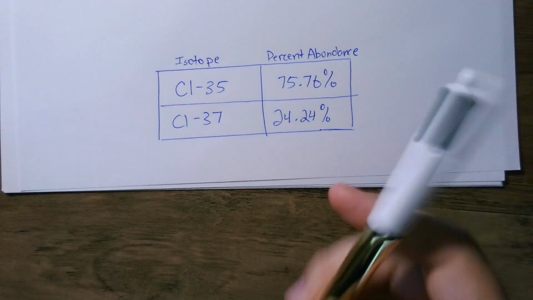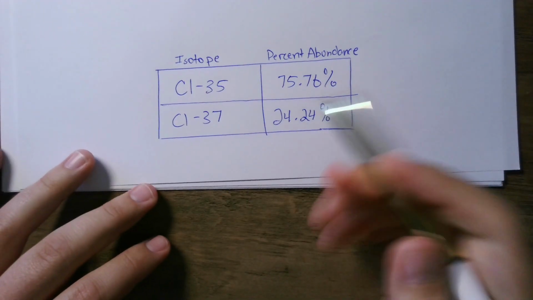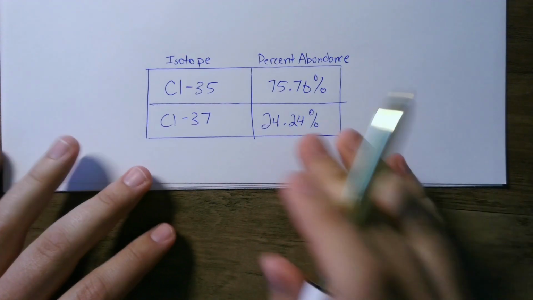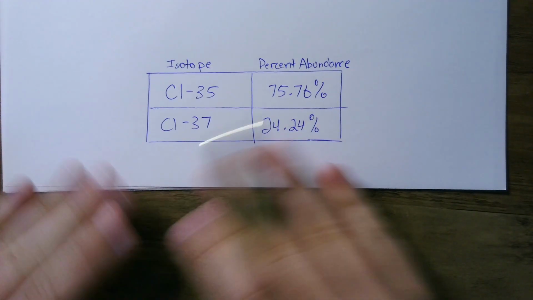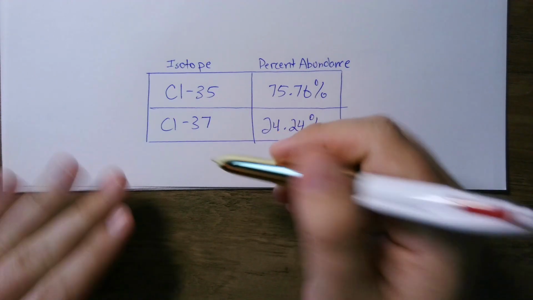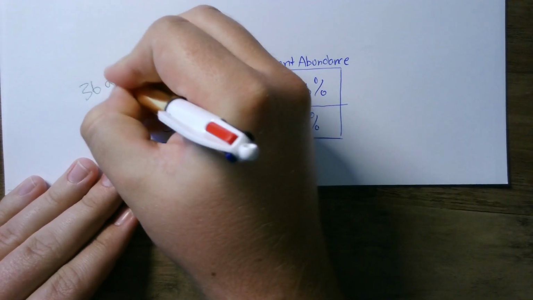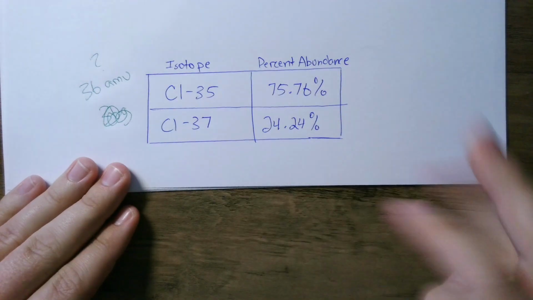Okay, so if we go to this example, I've copied, again, these numbers here. We want to find what the average chlorine atom weighs. Now, a common thing that happens here is you take a regular average, meaning, okay, well, one of them's 35, one of them's 37, so they must weigh 36 AMU on average.